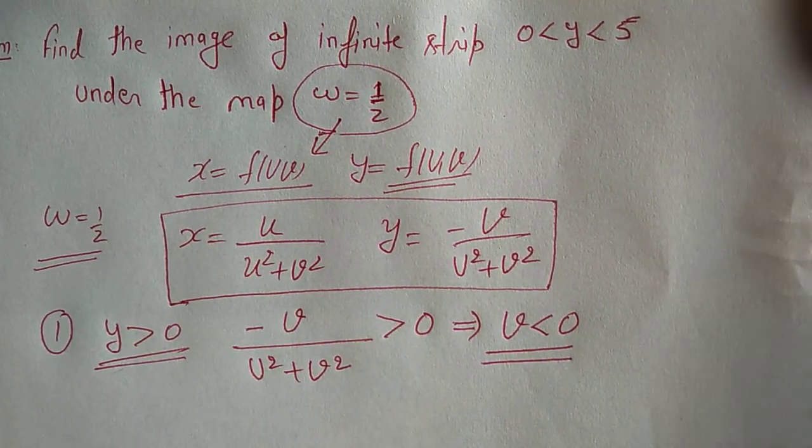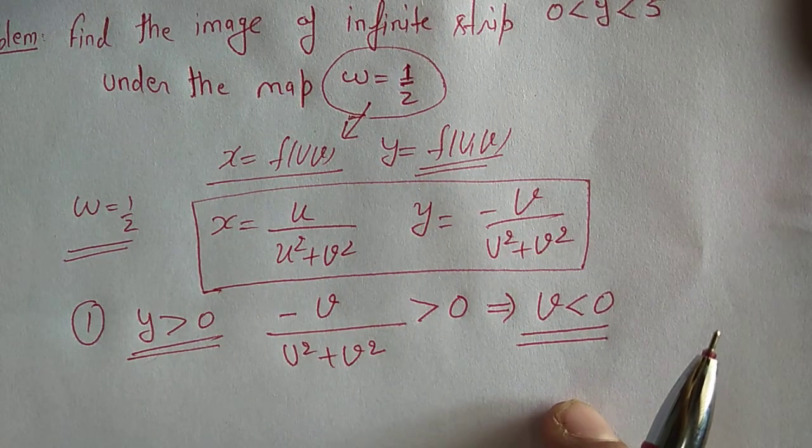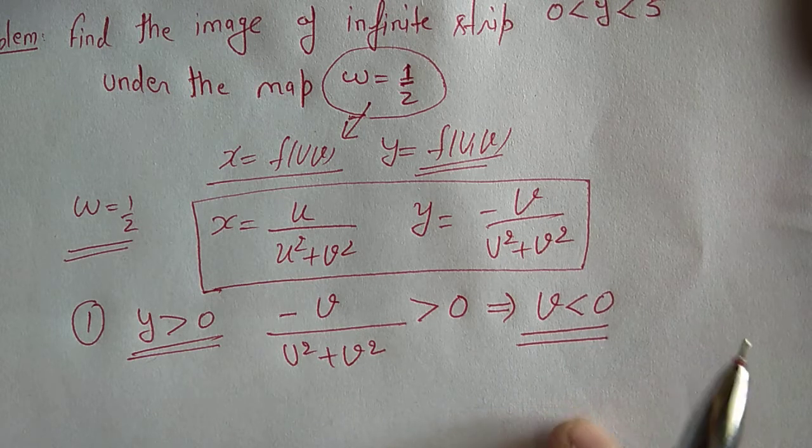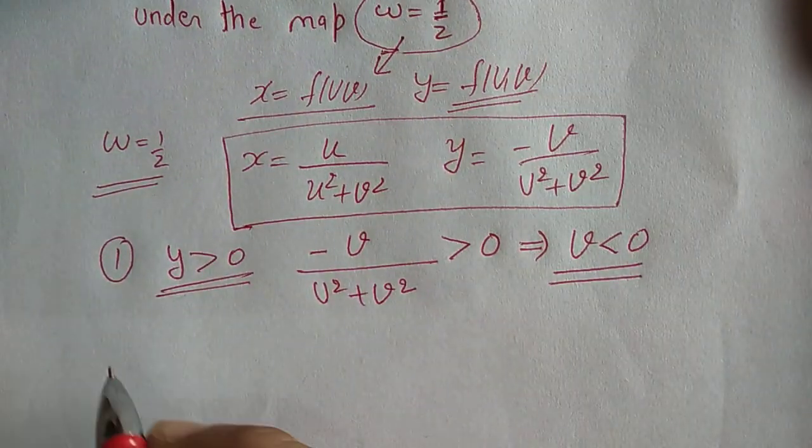So the first condition we got is v less than 0, which means your image curve will be below the real axis.